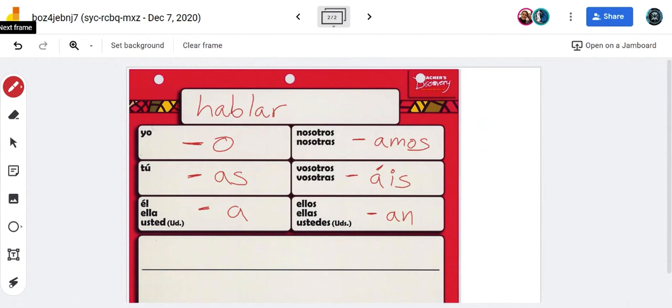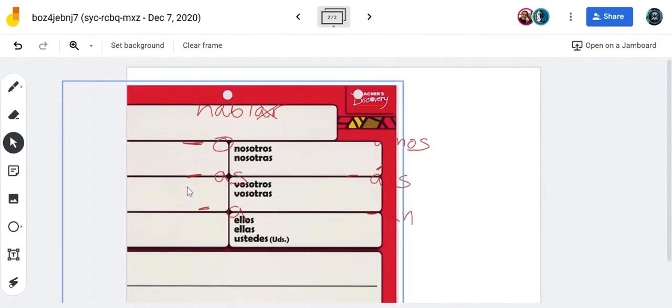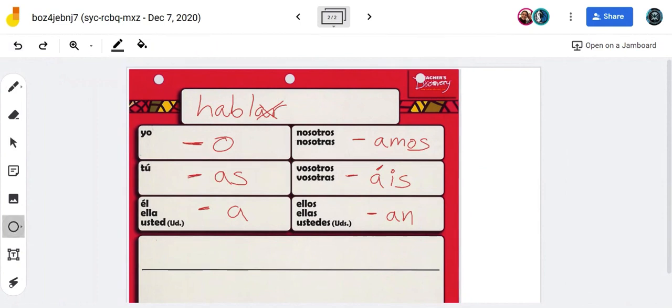Okay, what are the steps we're going to go through? First thing we got to do is get rid of what? Got to drop the ending. And then we're going to add that ending to replace the infinitive ending.